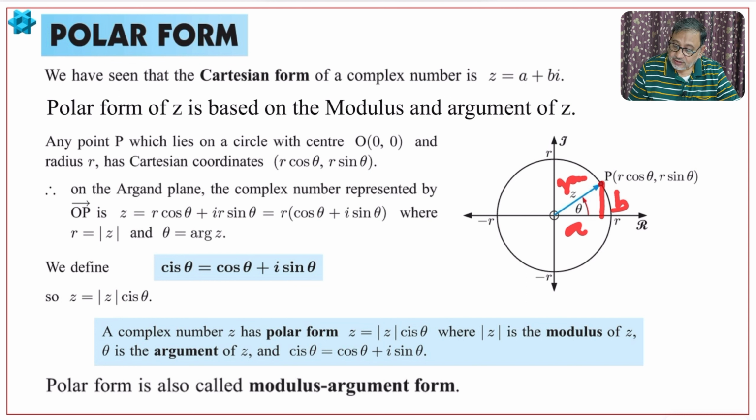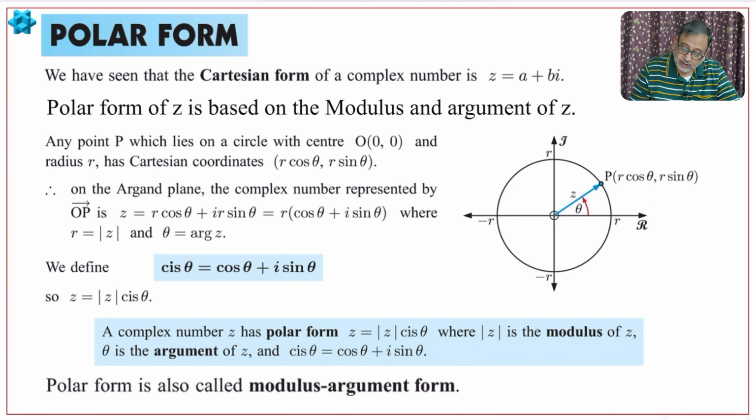Then from this triangle we can write cos theta is equal to a by r. So a is r cos theta. Therefore the real part of the complex number will be r cos theta. Similarly the imaginary part will be r sin theta, right?